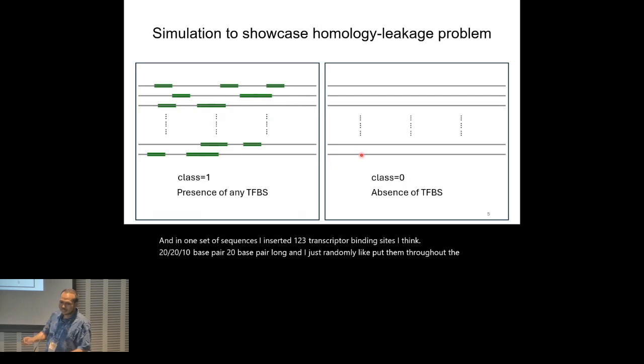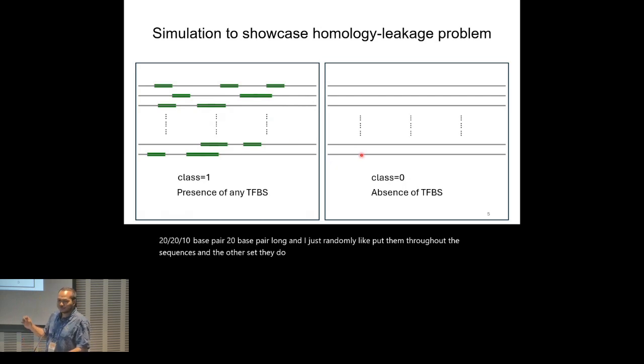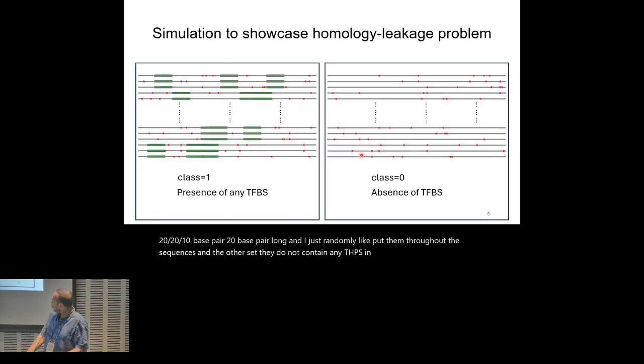The other set does not contain any TFBSs. Then I created homologous sequences from these base sequences. The sequences that have TFBSs, I label as 1, and the sequences that don't have any TFBSs, I label as 0.